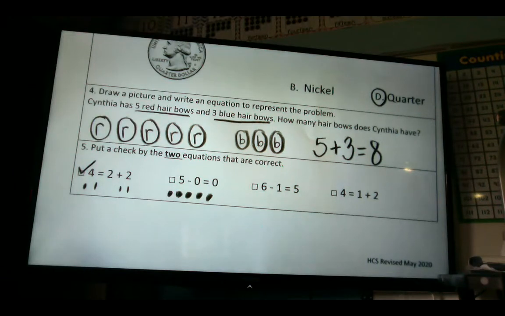That's right. I still have 5. If I have 5 cookies and I do not eat any of them, I still have 5 cookies. This equation is wrong. You're going to leave it alone.